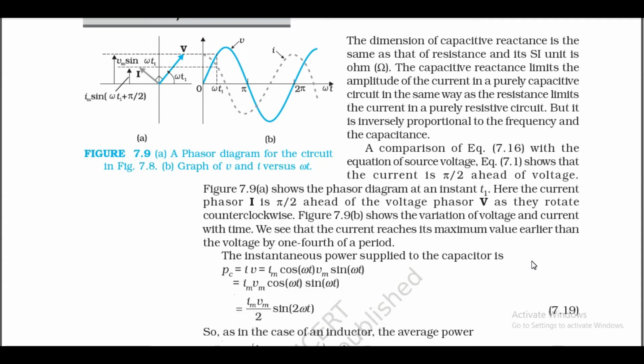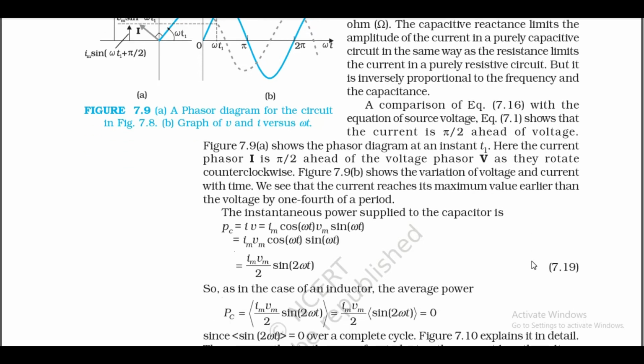The instantaneous power supplied to the capacitor is pc = iv = im cos ωt × vm sin ωt = im vm cos ωt sin ωt = (im vm/2) sin 2ωt.